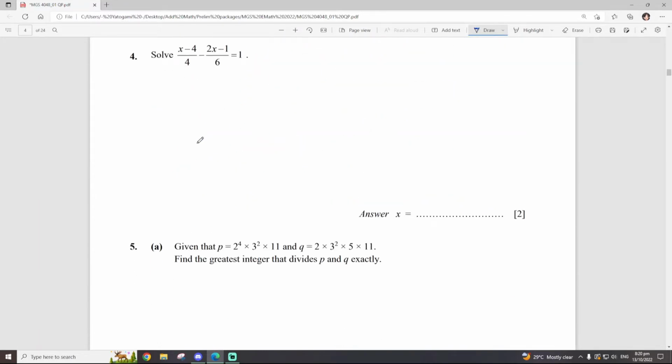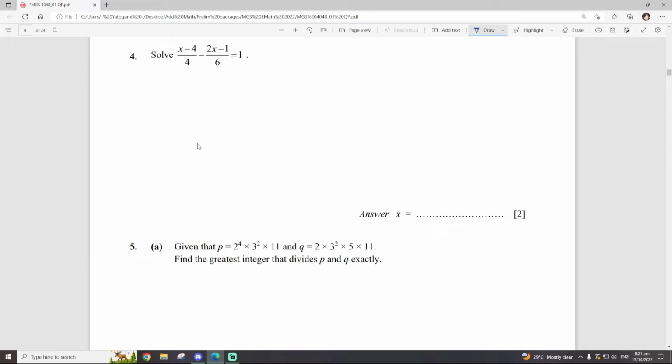Solve this equation. Okay. Let's multiply throughout by the lowest common multiple so that we get nice numbers. The lowest common multiple of 4 and 6 is 12. So just multiply by 12.